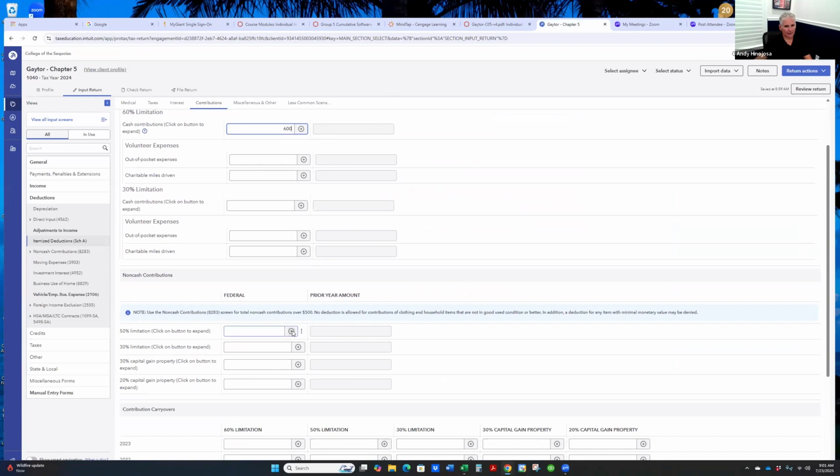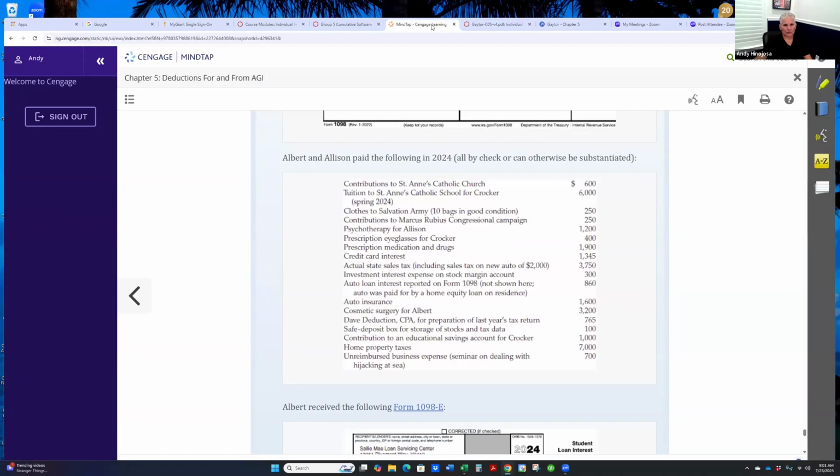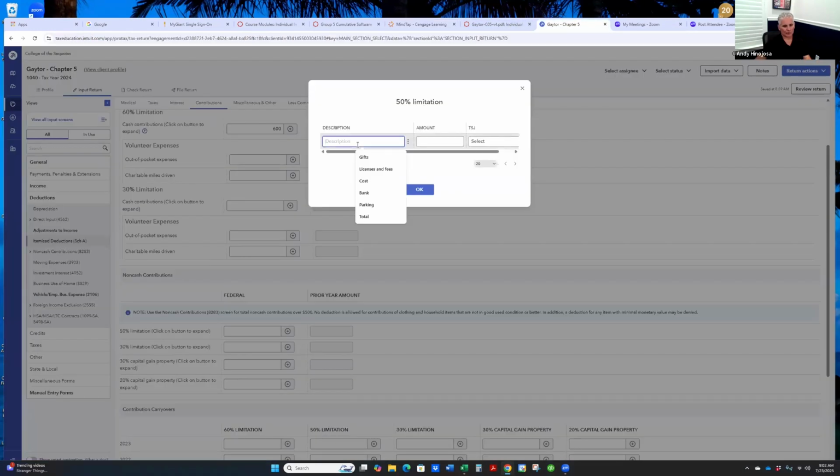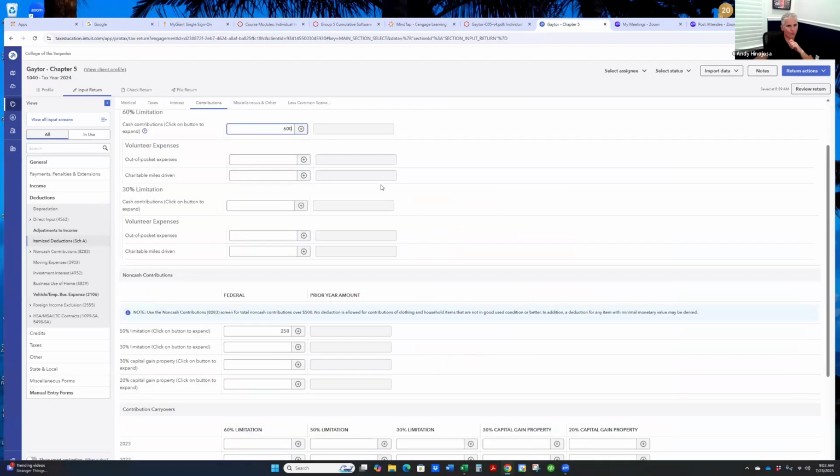So we'll click the plus sign, and again, reference close to Salvation Army, $250. So to make it simple, we'll just call the description Salvation Army. And I think we said 250. Press OK.